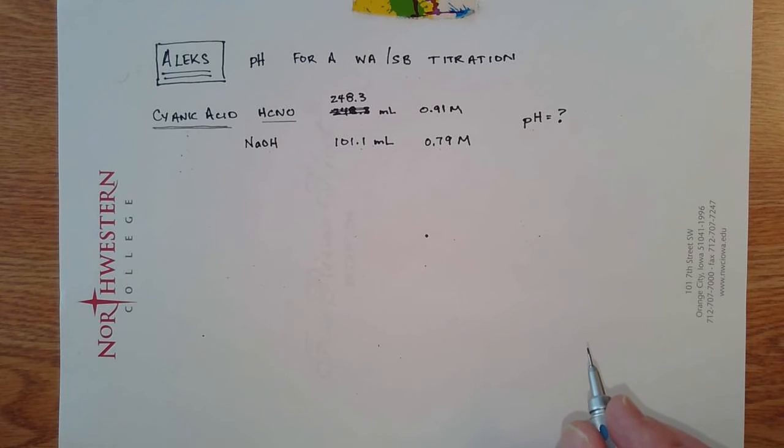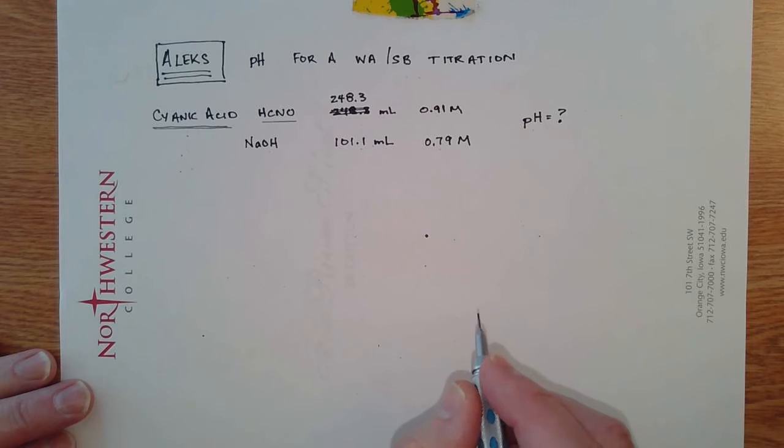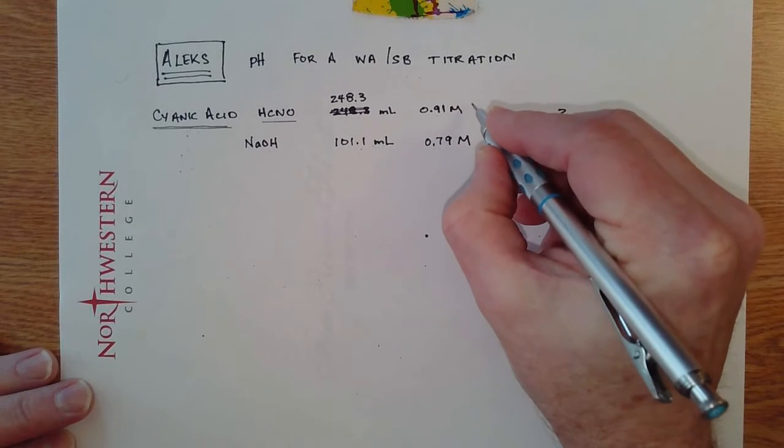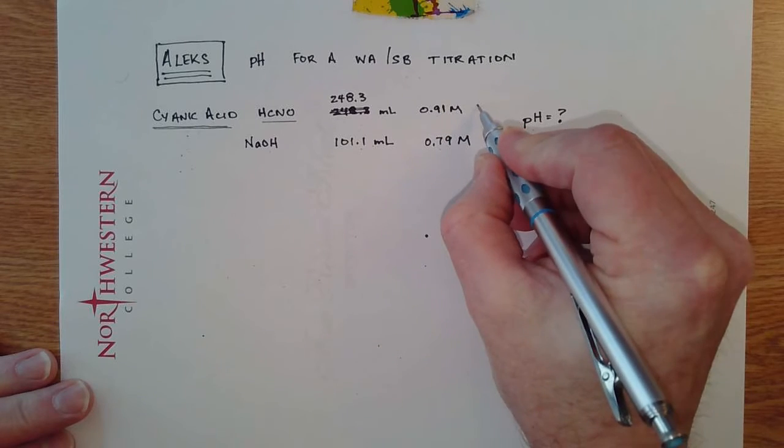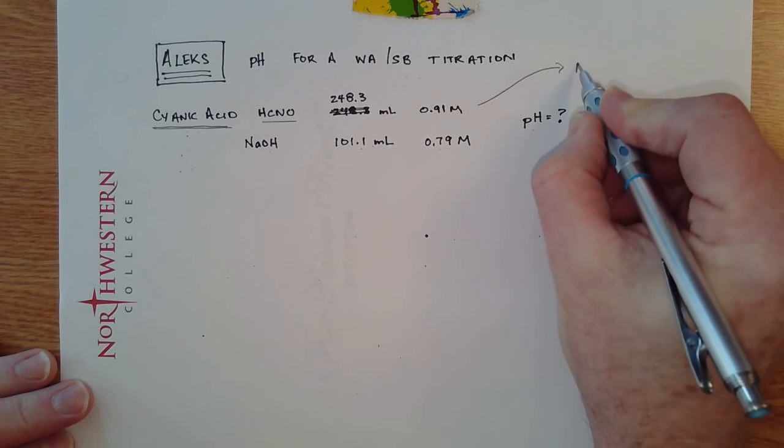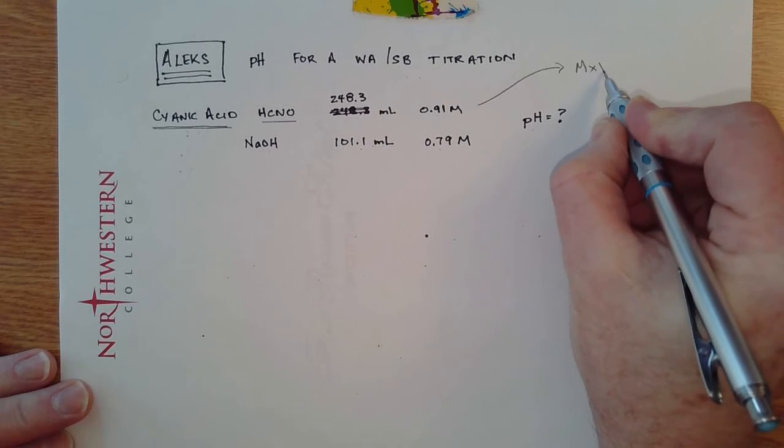So let's approach this in a systematic way, and one of the things that I like to do first is go ahead and calculate the moles that are present. So let's calculate the moles for HCNO, and we're going to do that by looking at molarity times volume.